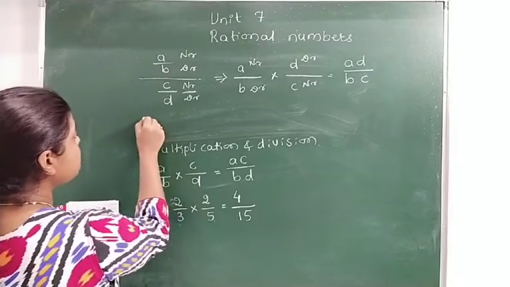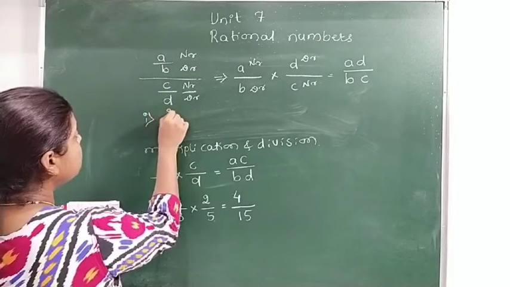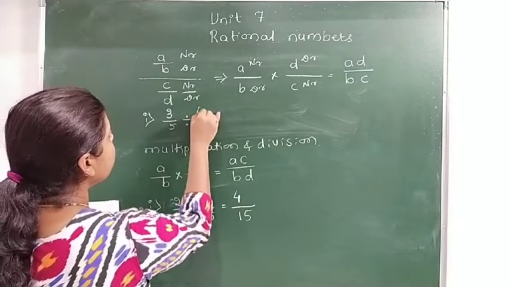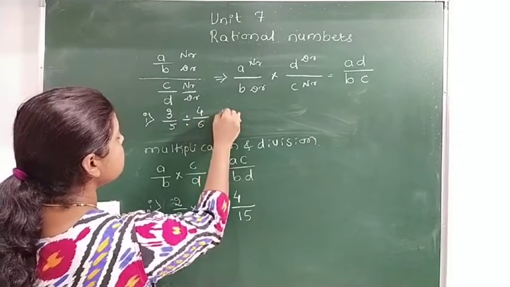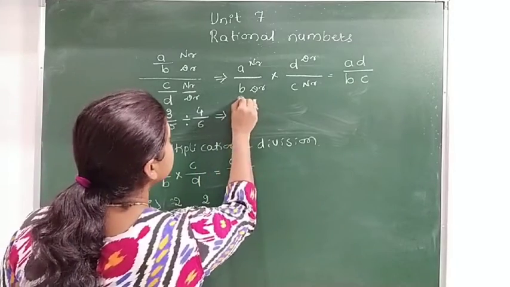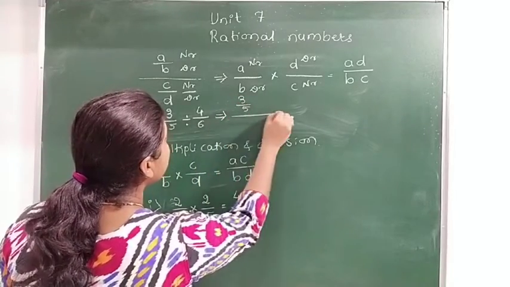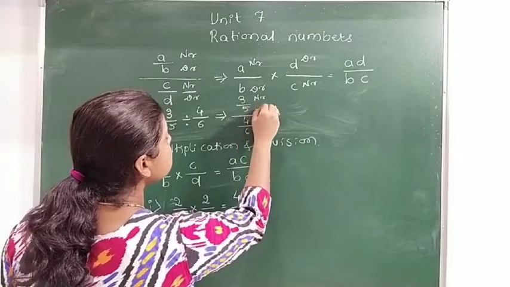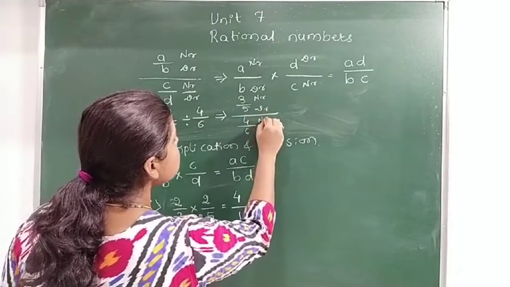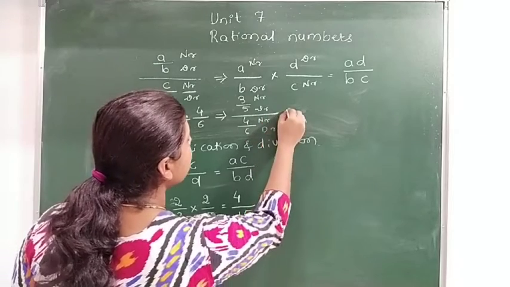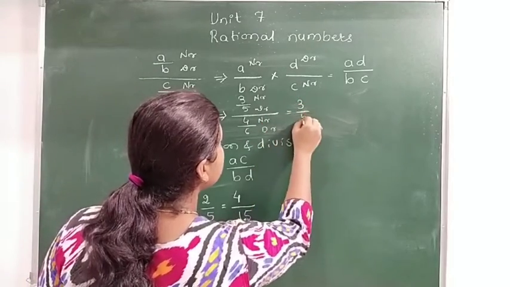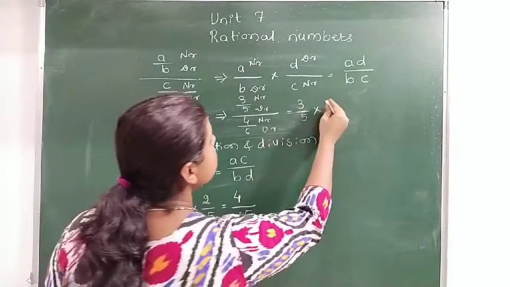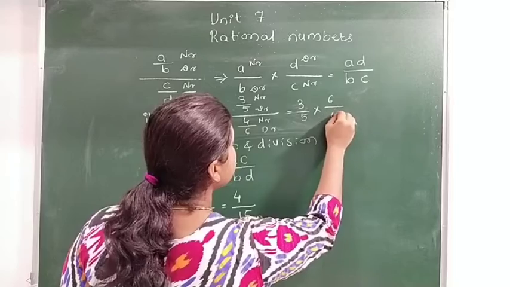By taking one example here, 3 divided by 5, division 4 divided by 6. How to write this one? 3 by 5 divided by 4 by 6. This is a numerator, this is a denominator. This is a numerator, this is a denominator. First we have to write the first term and multiply and write the opposite to that, that is 6 divided by 4.